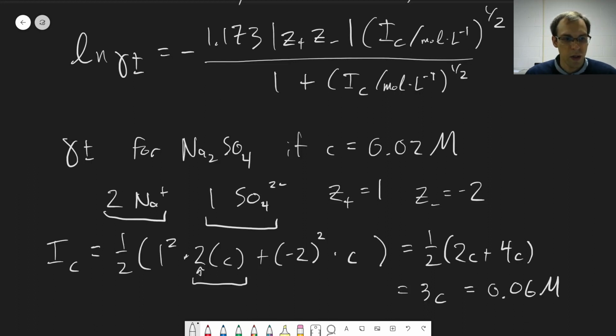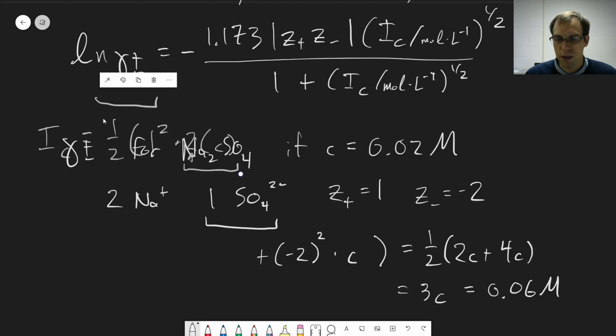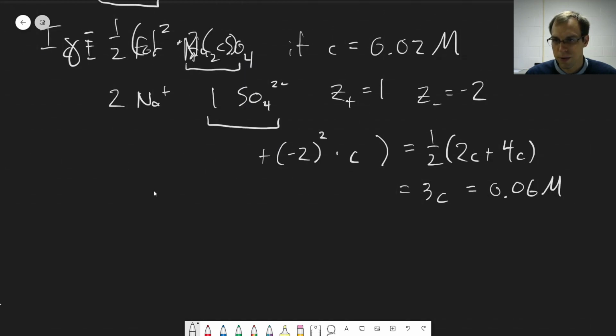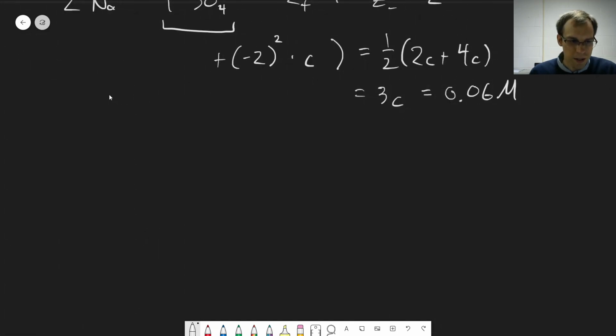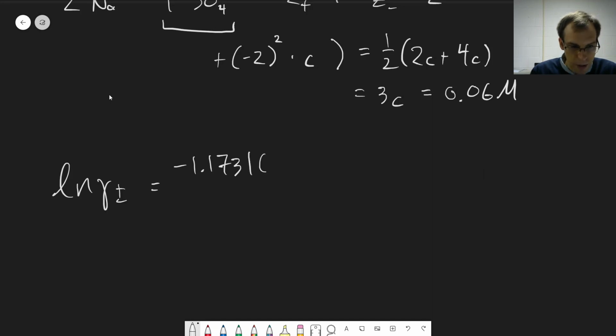Then we can plug that into our activity coefficient equation. So log gamma plus minus is equal to negative 1.173 times the absolute value of 1 times -2 times 0.06 raised to the 1/2 power.